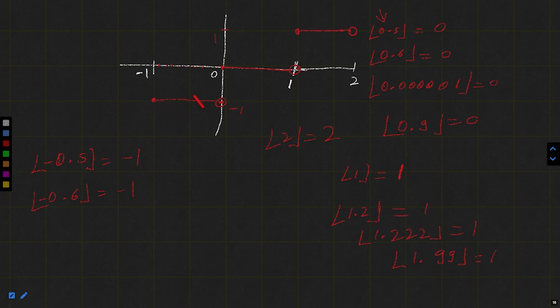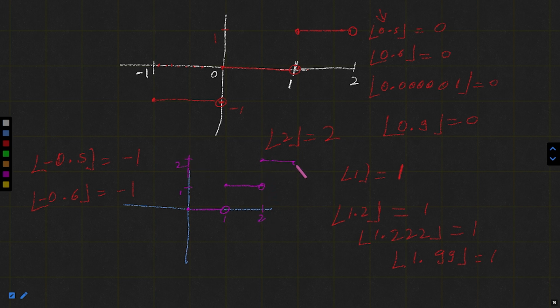I hope that it is very clear to you. So if you look at the overall picture for this greatest integer function, your graph will look like this. At 0, it is 0. At 1, it is not 0, it is actually 1. At 2, it is not 1, it is 2.